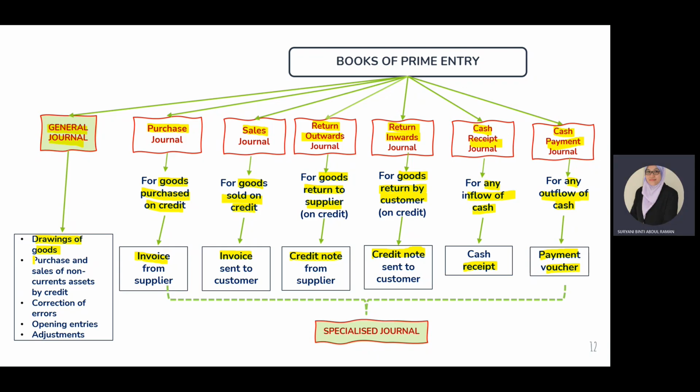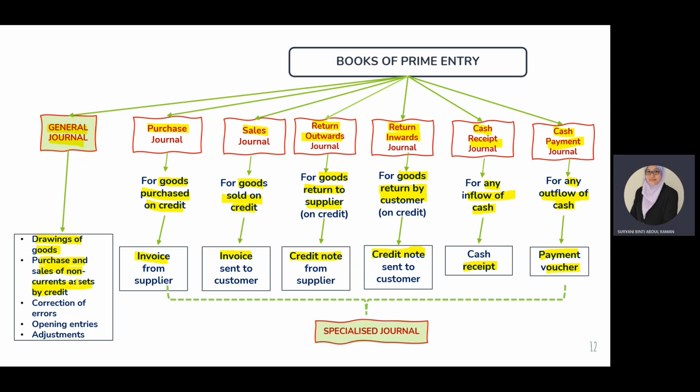Other examples are the purchase and sales of non-current assets on credit. Compared to the purchase and sales journals, those journals are to record goods, not non-current assets. Goods refers to the stock, assets that you bought for resale.